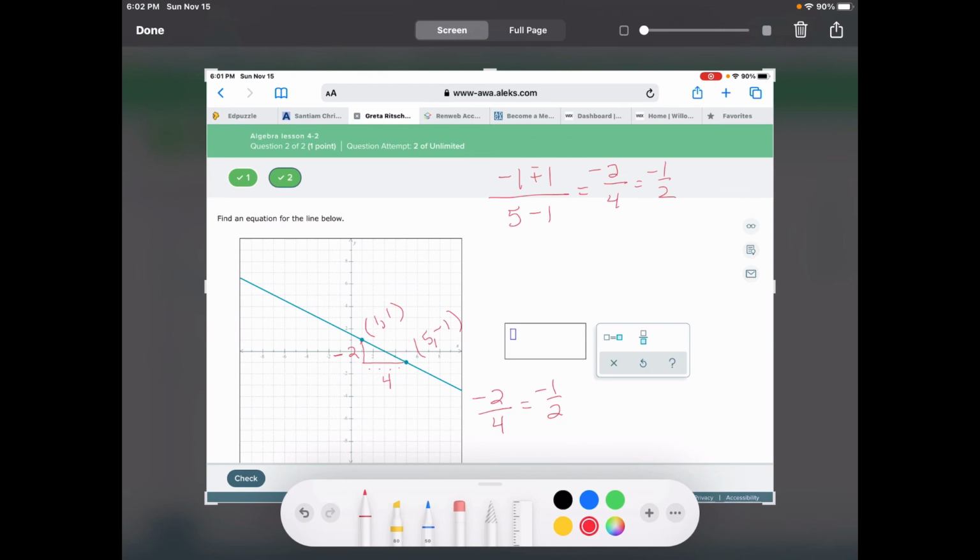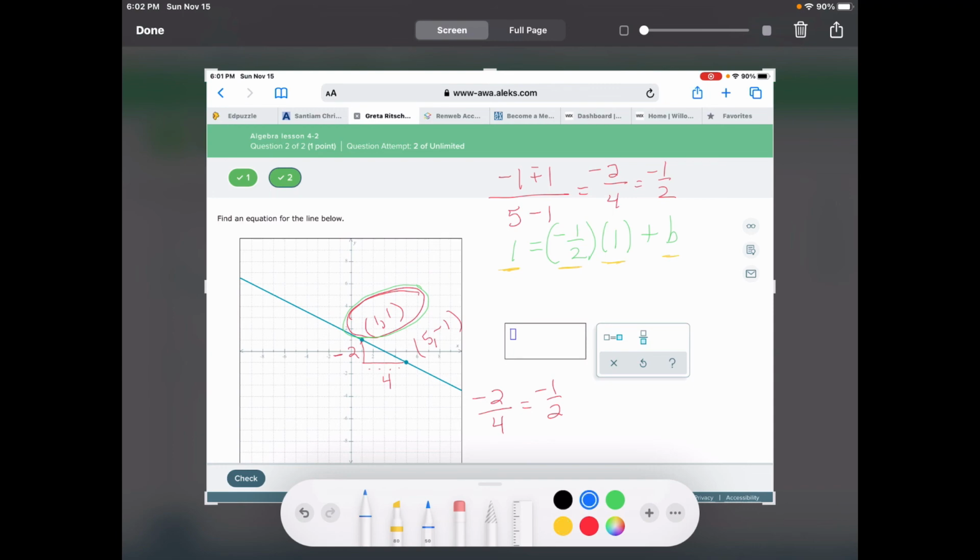So if you prefer to do that, that's fine. Now I'm going to use one of my points. I like this one. And I'm going to plug it into the y, use my slope, use the x, and solve for b. Okay, so this is y equals mx plus b. All right.